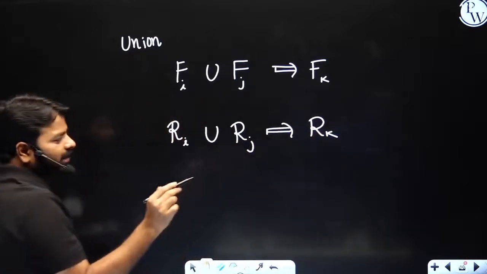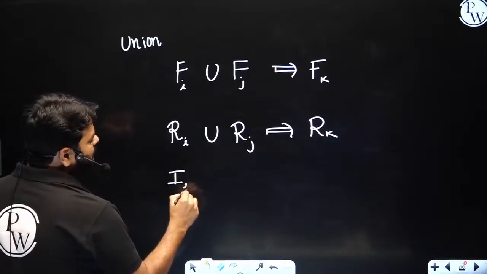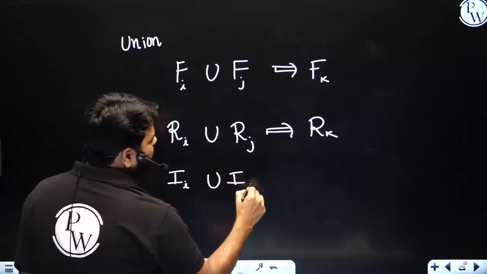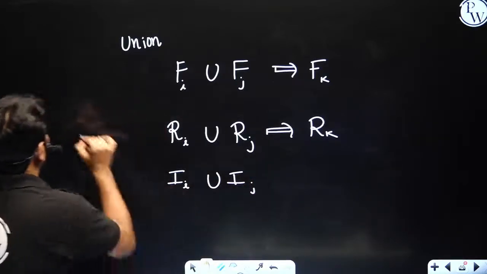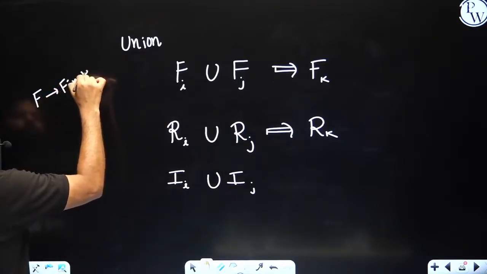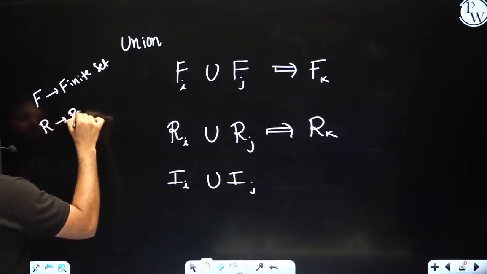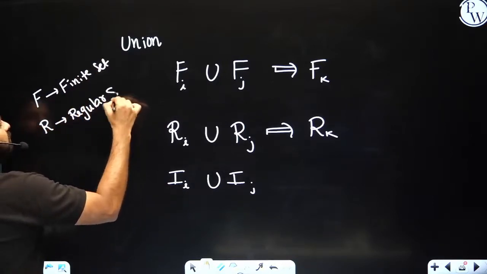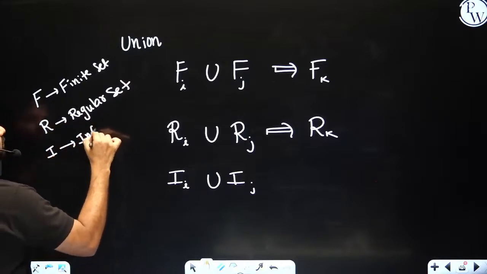Don't worry about i, j, k, it just represents some language. And infinite languages: I union I, where capital I represents infinite here. F represents a finite set, R represents a regular set, I represents some infinite language.